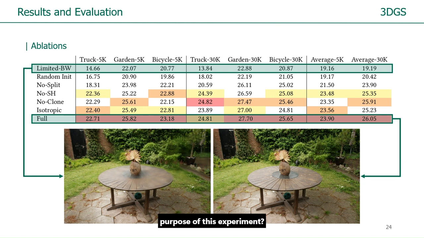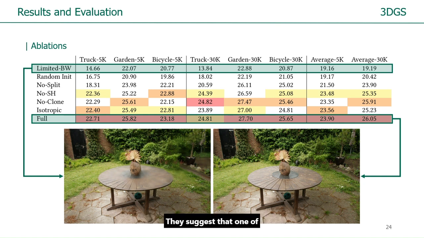The purpose of this experiment was to determine whether it is possible to reduce the computational cost of gradient propagation while still maintaining image quality. However, as shown in the results, limiting the number of Gaussians receiving gradients caused significant quality degradation.